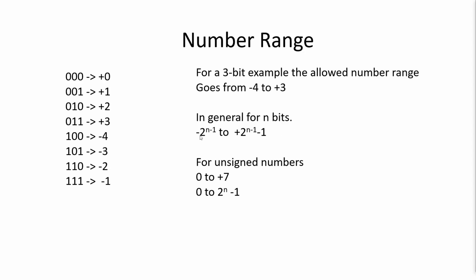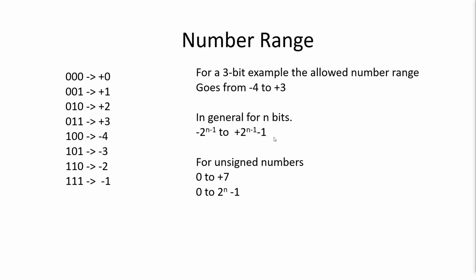What we'll see is we go from -2 raised to the n-1 power, if I'm putting this into a formula. So here, 3 bits, 3 minus 1 is 2, 2 raised to the 2 is 4, so it's -4. And this is going to go all the way up to 2 raised to the n-1 power, take away 1. So again, this is 2 raised to the 2 power, 4, take away 1 is 3. And that's what we saw here when we wrote them all out.